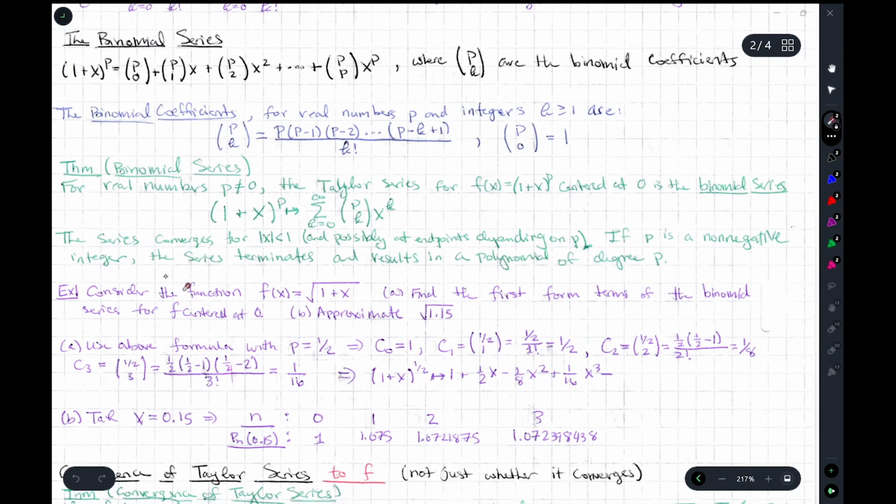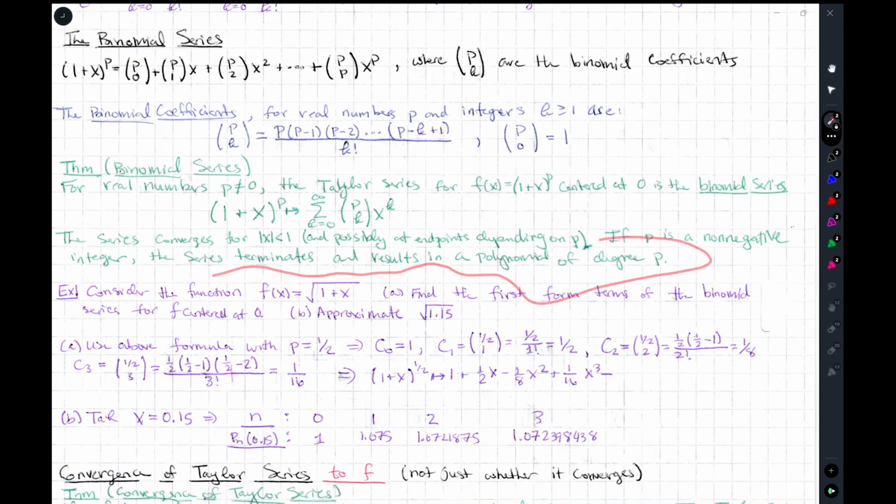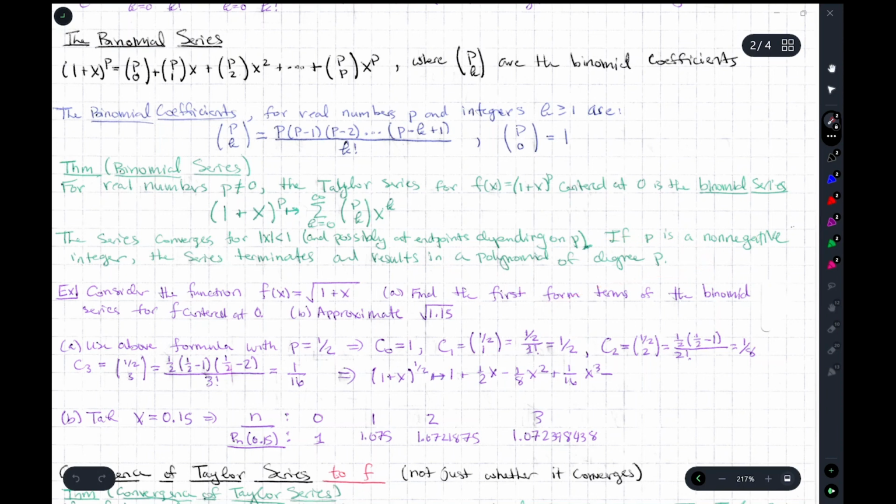If p is a non-negative integer, this series terminates and results in a polynomial of degree p. So in general you're going to get an infinite expansion if you don't fulfill the condition that p is a non-negative integer. Let's look at an example.